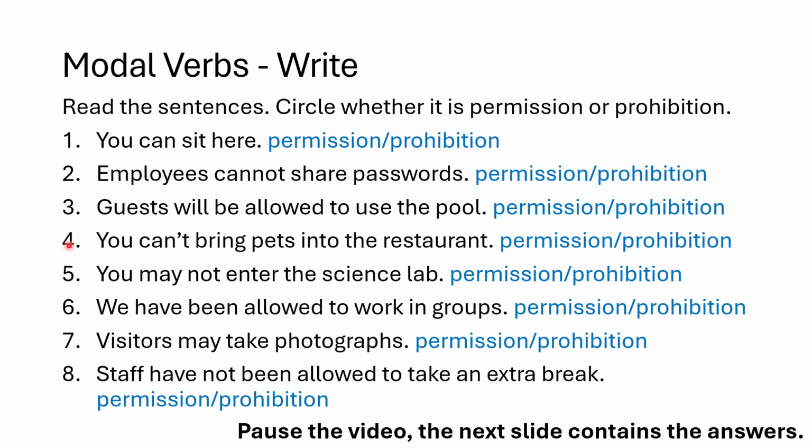You can't bring pets into the restaurant. 5. You may not enter the science lab. 6. We have been allowed to work in groups. 7. Visitors may take photographs. 8. Staff have not been allowed to take an extra break. Pause the video. The next slide contains the answers.